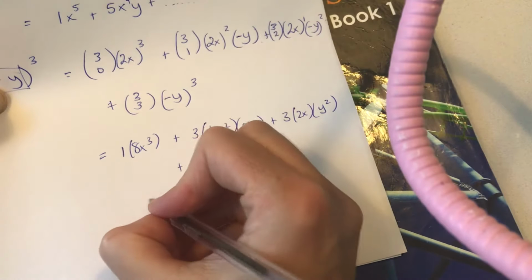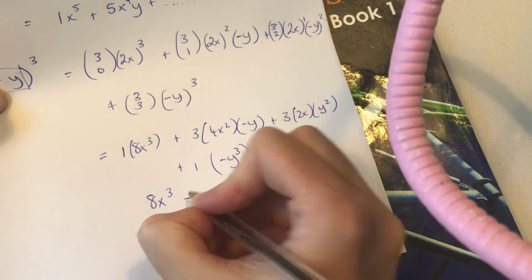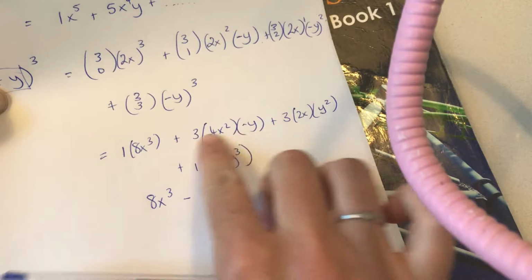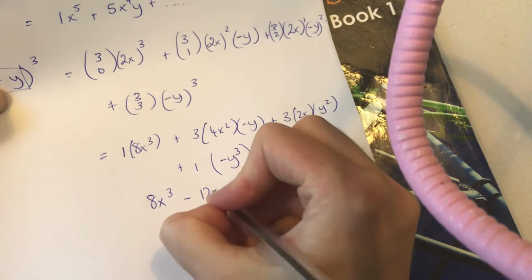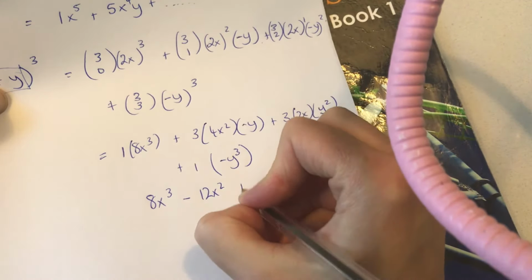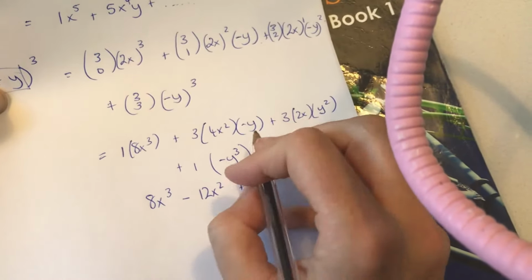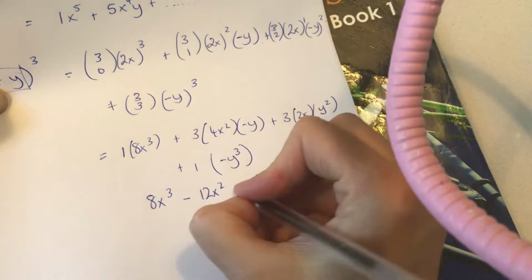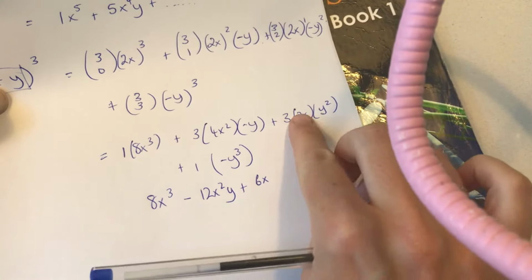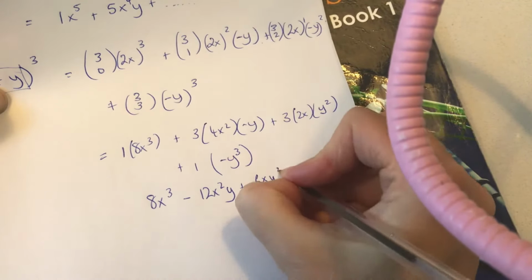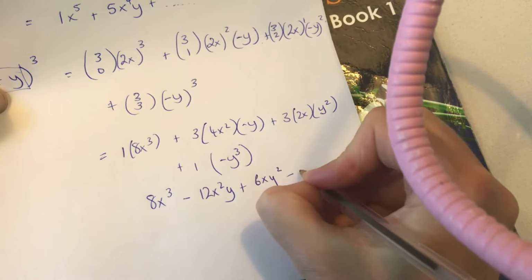When I clean all that up, that's 8x cubed minus 12x squared y plus 6xy squared minus y cubed.